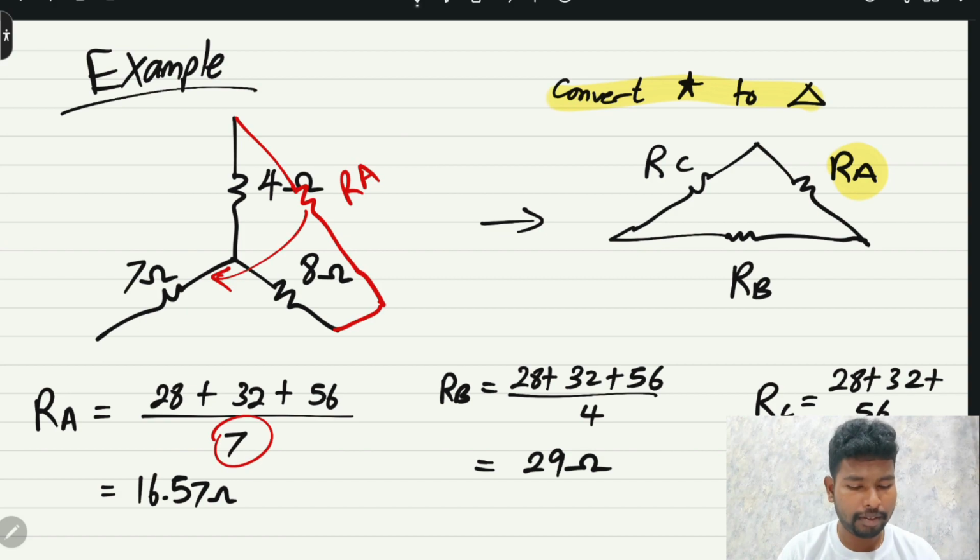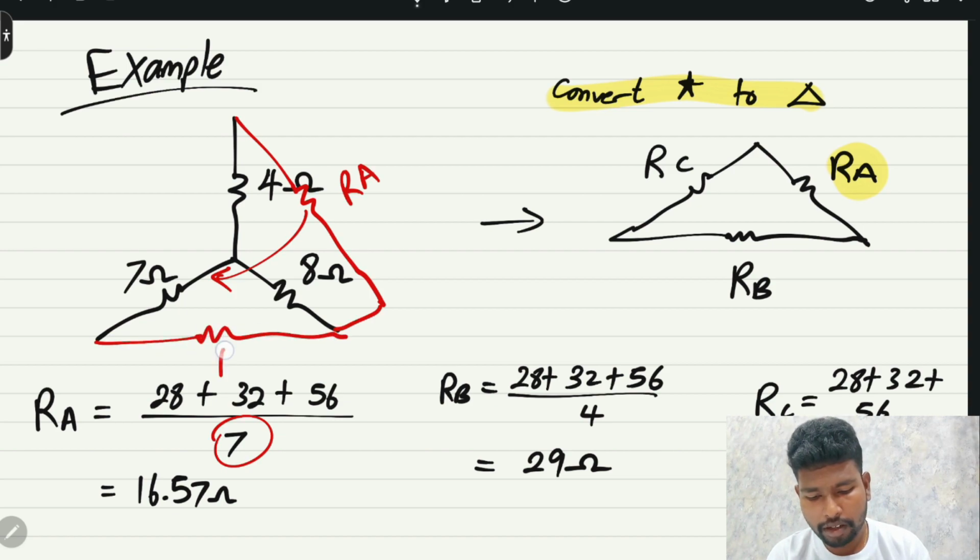If you notice, the numerator is the same for RA, RB and RC, just the denominator changes. Why? Because the opposite part changes. For RB, the opposite will be 4 ohms.